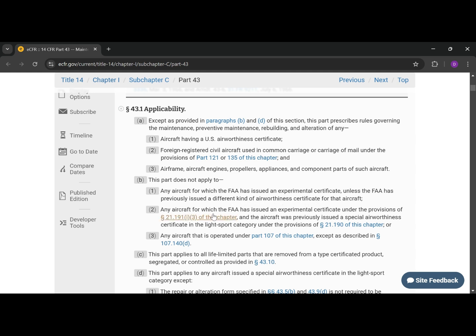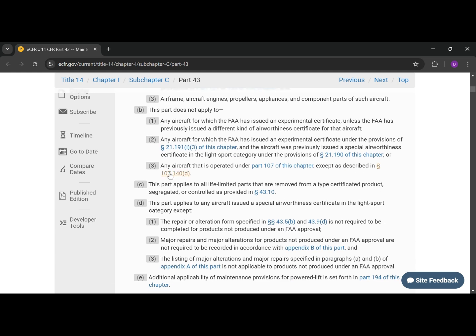Any aircraft for which the FAA has issued an experimental certificate under the provisions of 21.191(i)(3) of this chapter, and the aircraft was previously issued a special airworthiness certificate in the light sport category under the provisions of 21.190 of this chapter, or any aircraft that is operated under Part 107 of this chapter, except as described in 107.140(d).